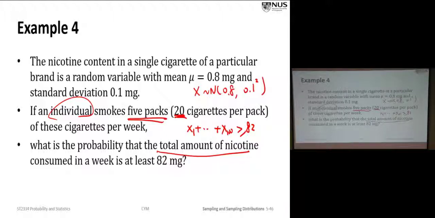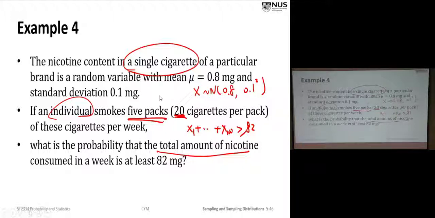So it's just like what we did in the previous example, except that you have to know that we're talking about 100 cigarettes because it's 5 packs. Each pack has 20 cigarettes, and the information given to us is for a single cigarette, the amount of nicotine in a single cigarette, which has a mean 0.8 and standard deviation 0.1.